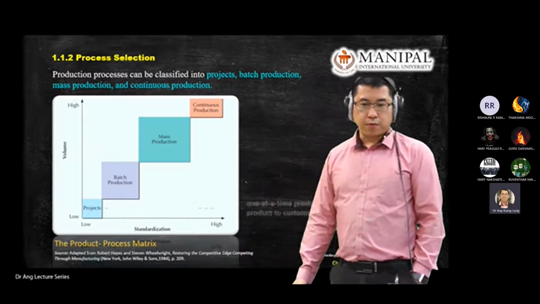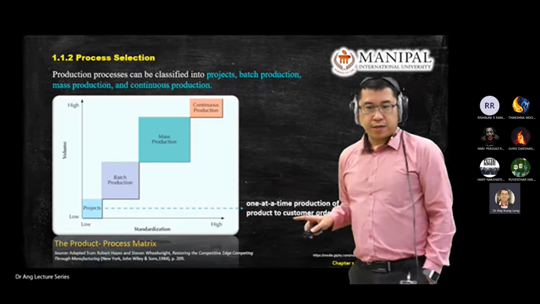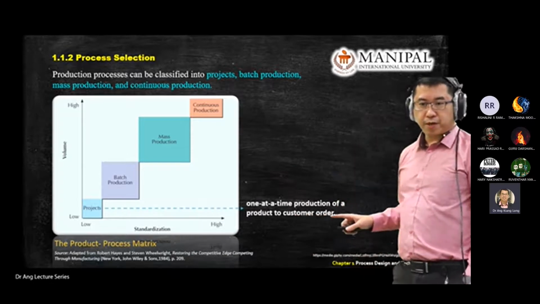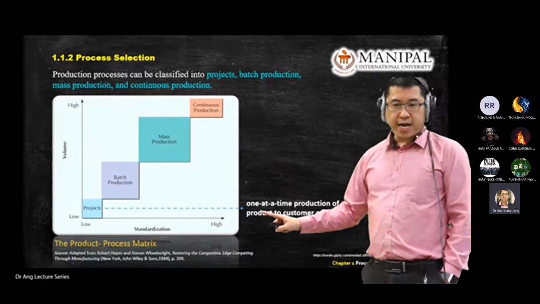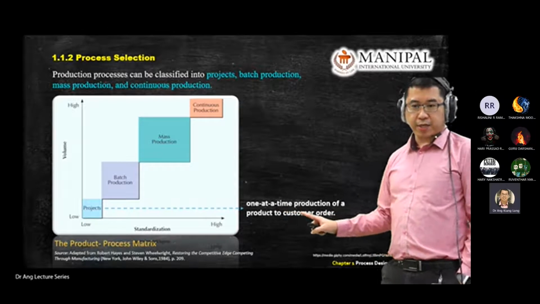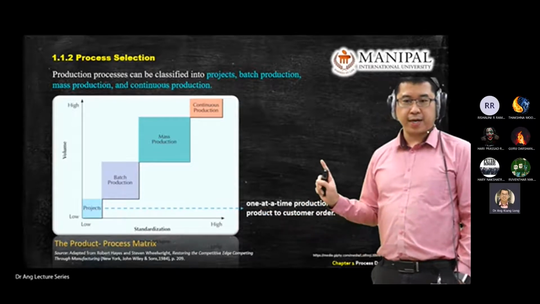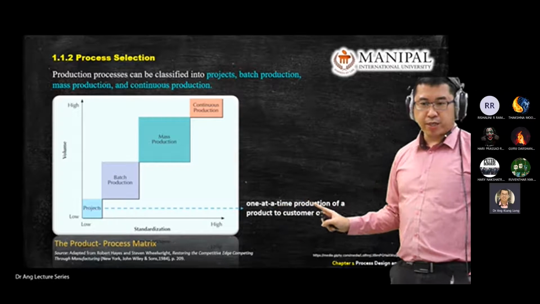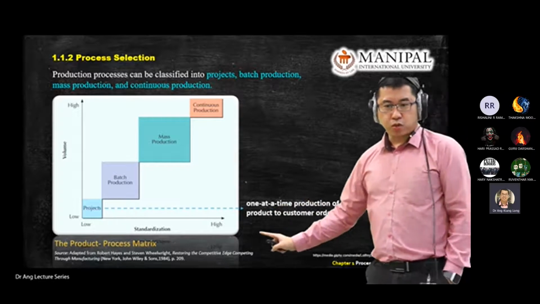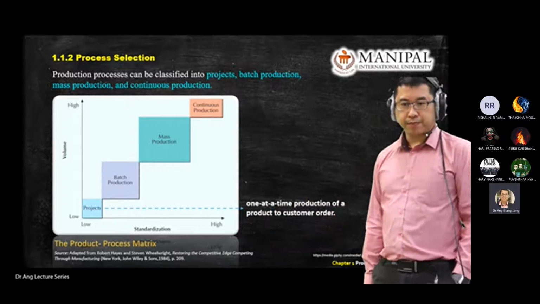In short, a project is one at a time production, meaning you only do one at a time production of a product to customer order.